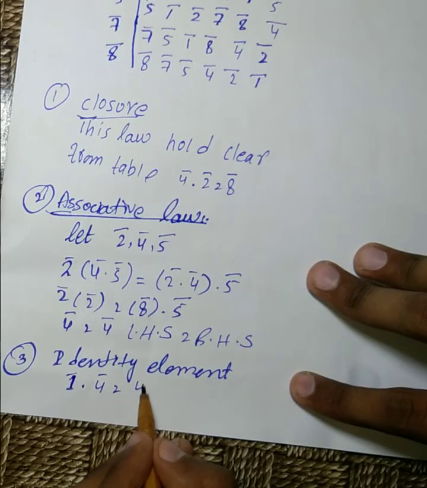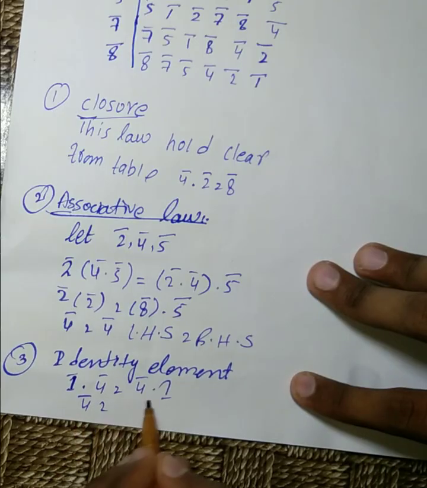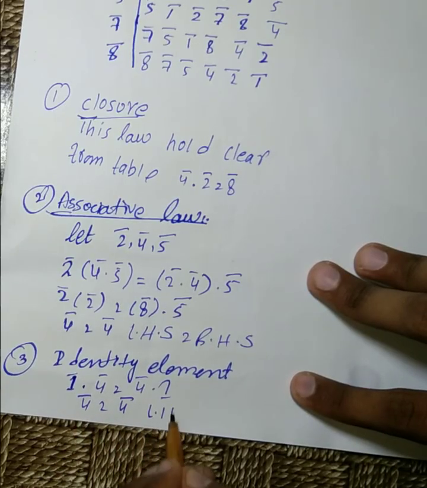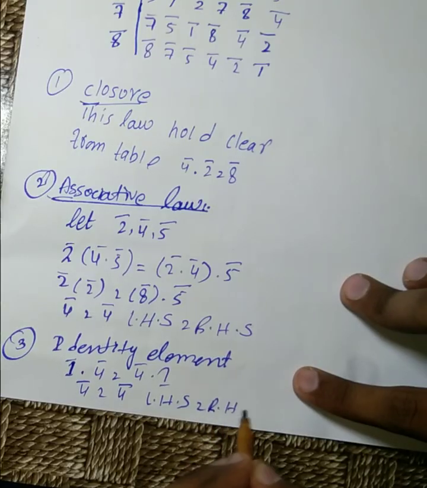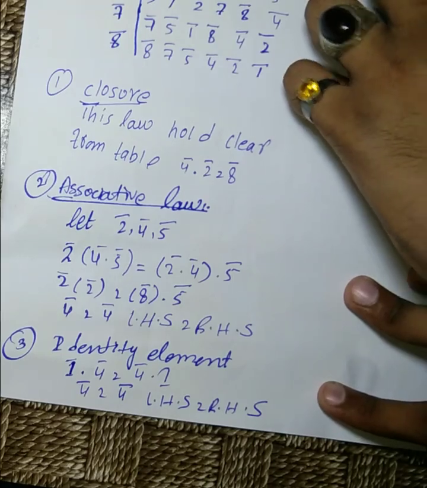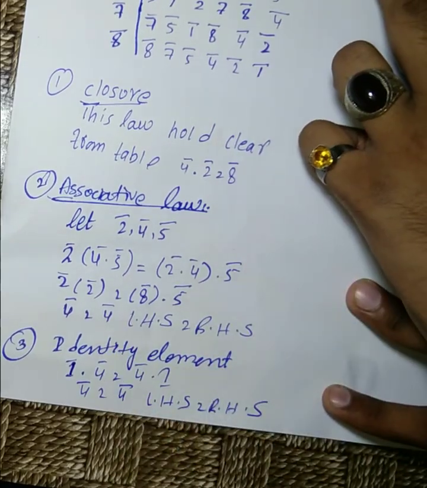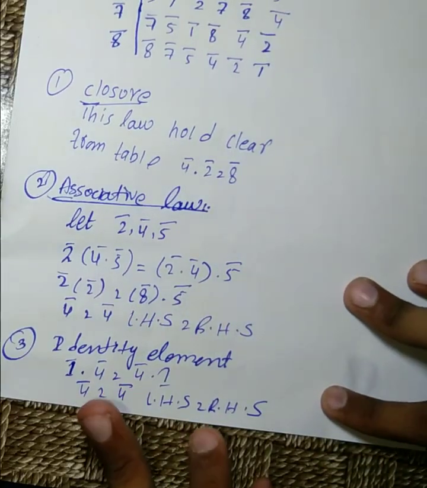Right hand side is 4 multiplied by 1. So 4 ones are 4, and 4 ones are 4. So it satisfies the third property, the identity element. And 4 belongs to this set, and 8 belongs to this set. So it is satisfied in this property.